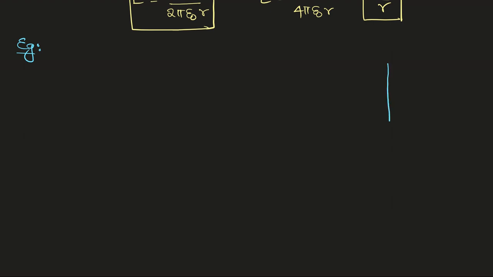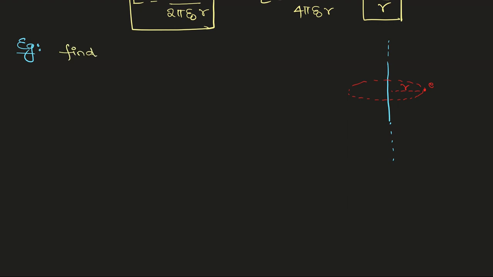Suppose there is an infinitely long wire and a negatively charged particle, say an electron, revolving around it in a circular orbit of radius r under the influence of this electrostatic force.